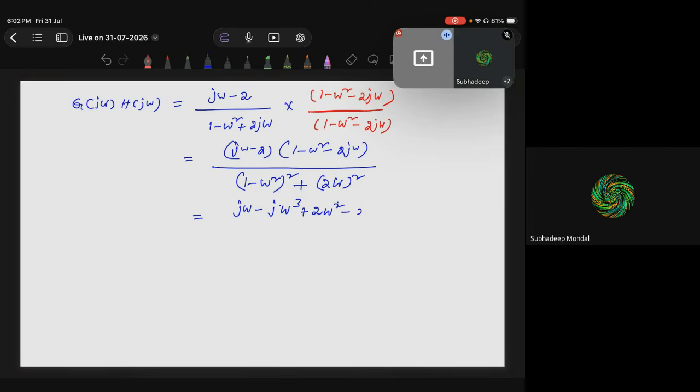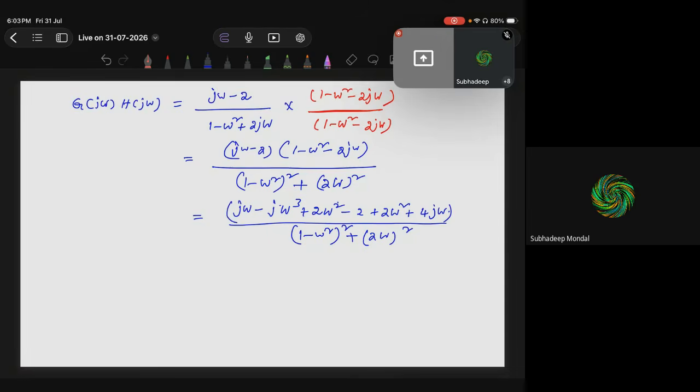So minus 2 plus 2 omega square, and then plus 4j omega. Correct? Divide by (1 minus omega square) whole square plus (2 omega) whole square. So it's not 2 omega square, it's 2 omega whole square. Is this clear? Any doubt?